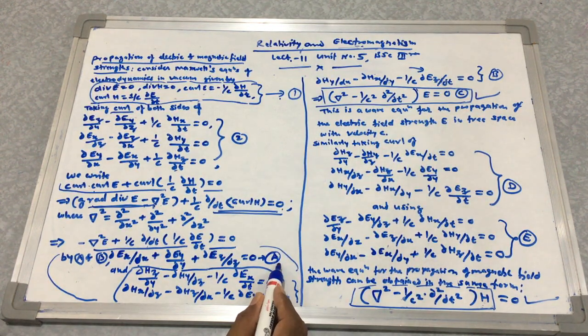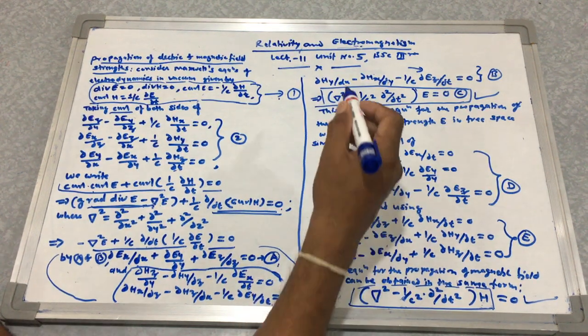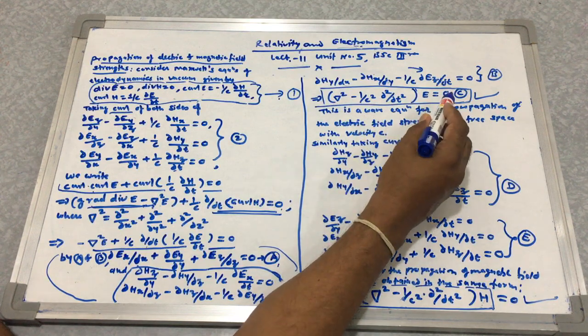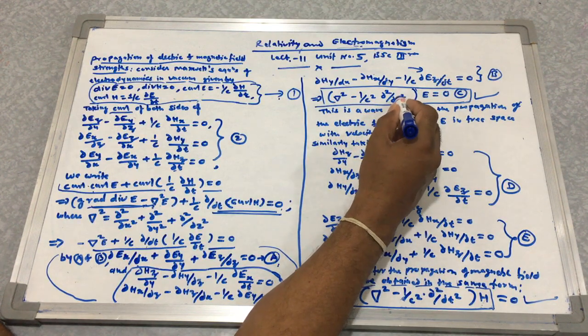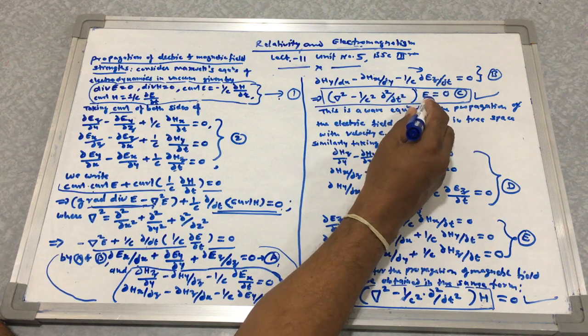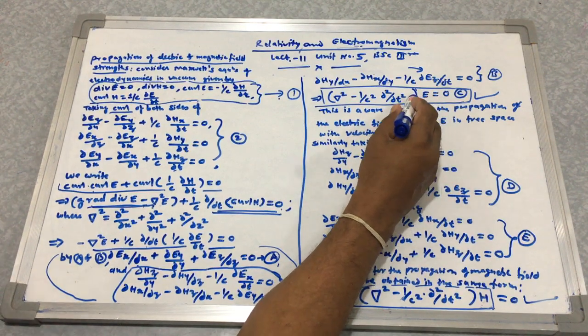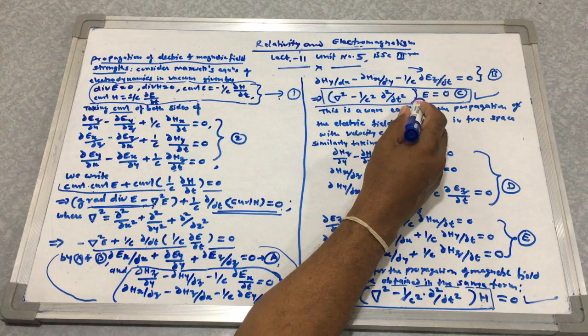So from equation A and equation B, we form the equation: del square minus 1 upon c square del square upon del t square, into E, is equal to 0. That is the electric field equation.